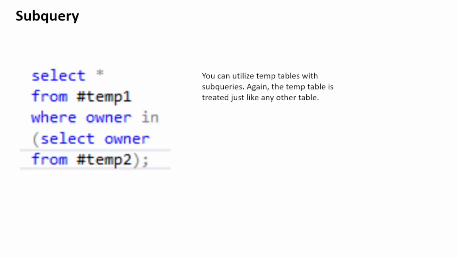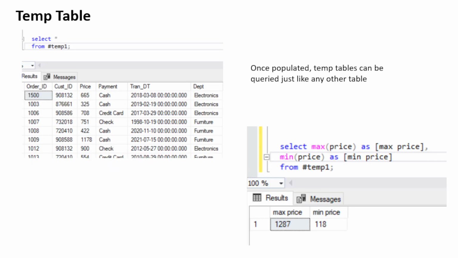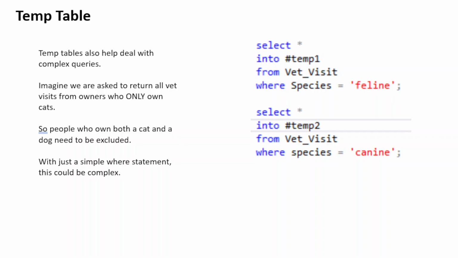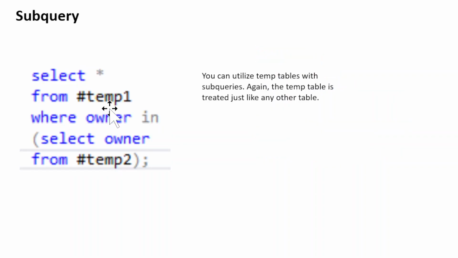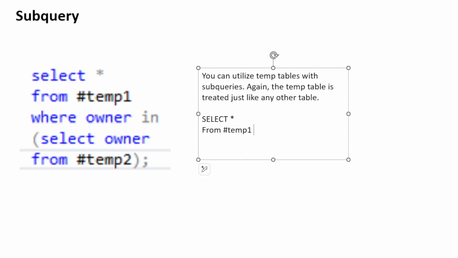So the correct syntax would be, just so you've got it, select star from temp one. And again, this is an example of why using temp tables helps. In real life, you'd probably call it something like cat owners. I would call the query cat owners. Let's make it easy. So temp one is now cat owners.